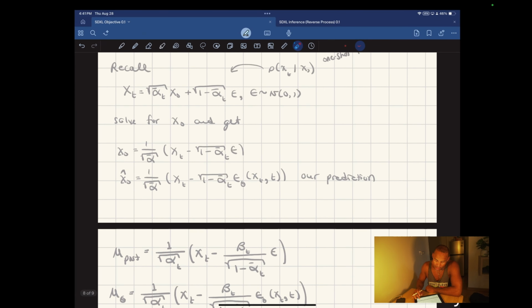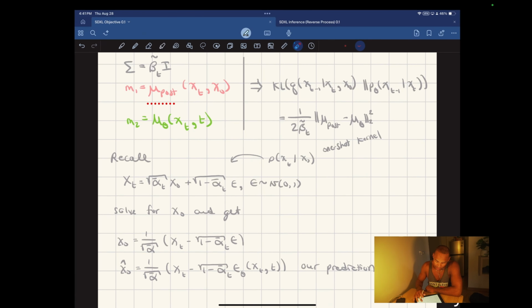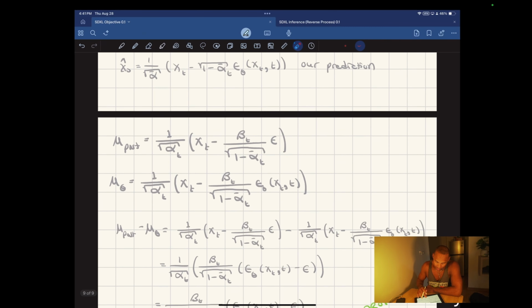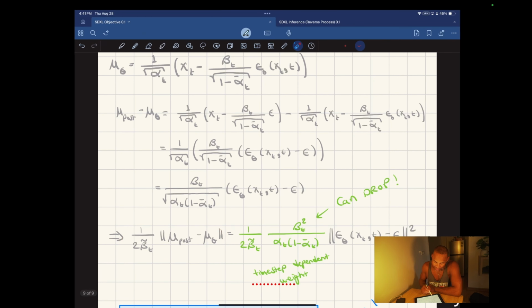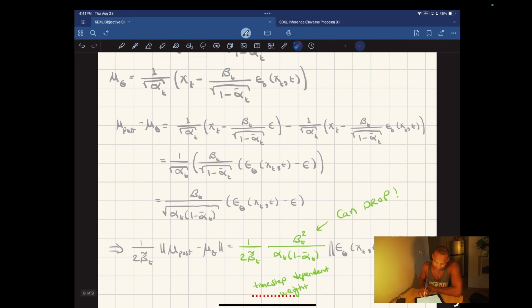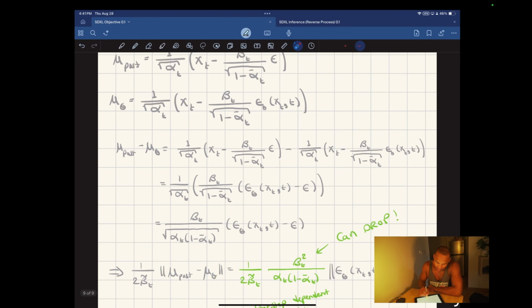And then if we substitute, so if we're trying to get this in terms of epsilon, right? Now we're going to look at this difference. We just do some algebra. We do this one minus this one. These x's will cancel.